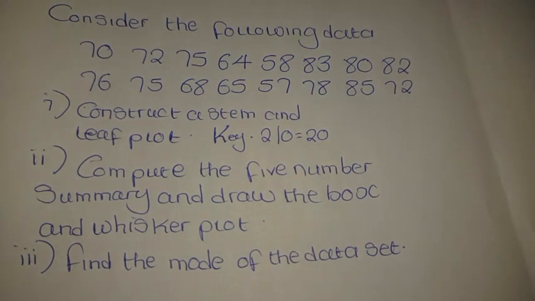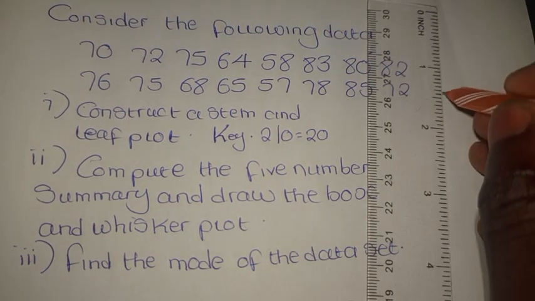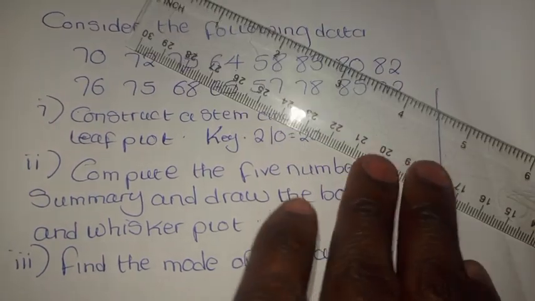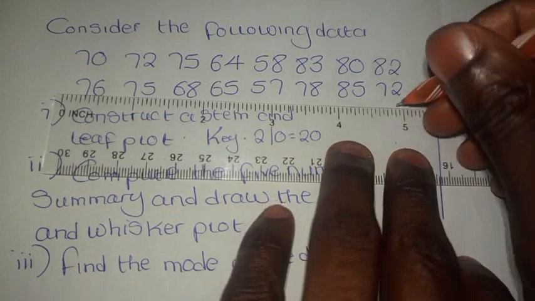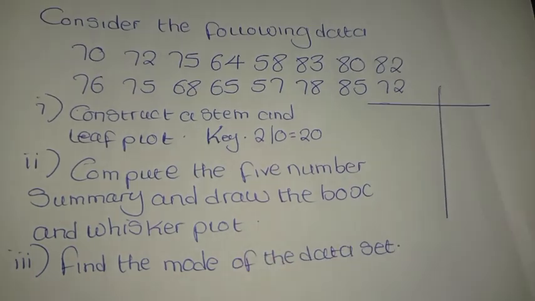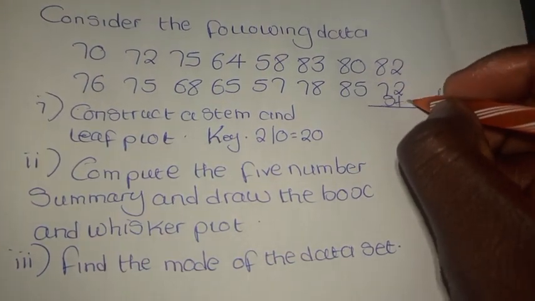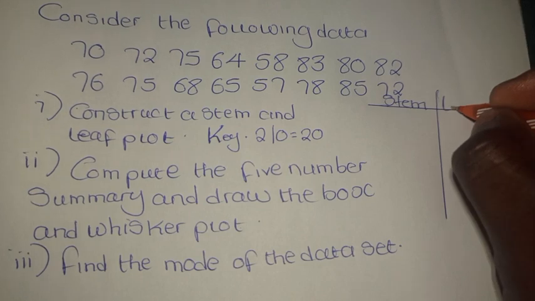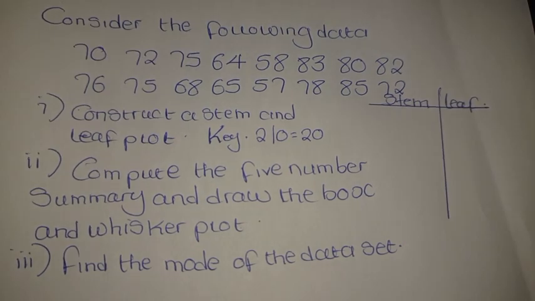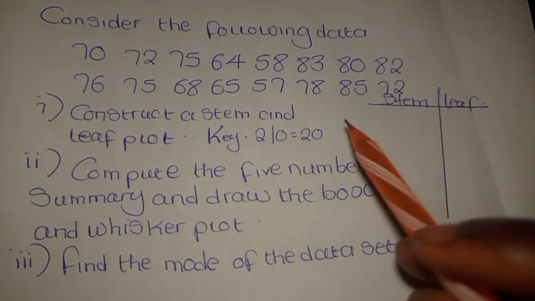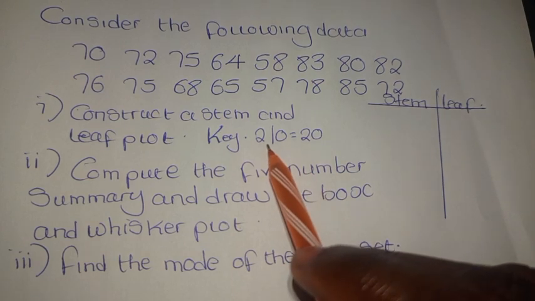Let us draw our stem and leaf. This side is referred to as the stem, and the other side is referred to as the leaf. Remember, this is my key, the one I've given you.